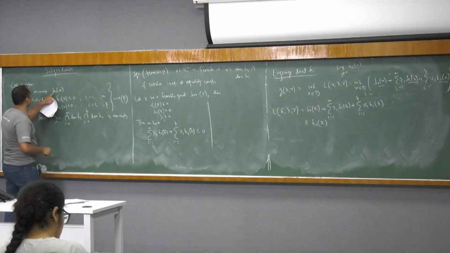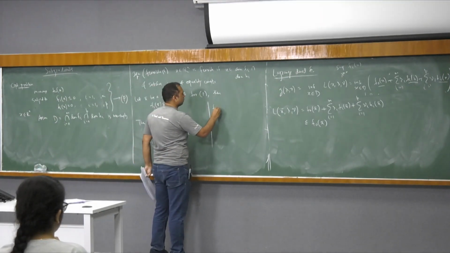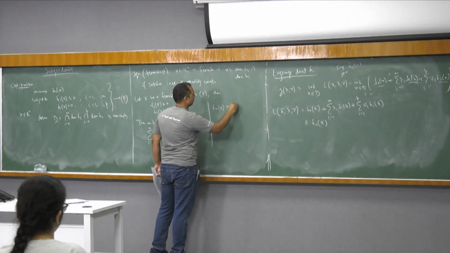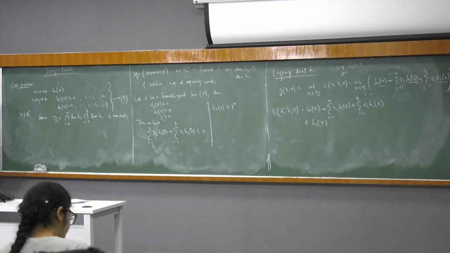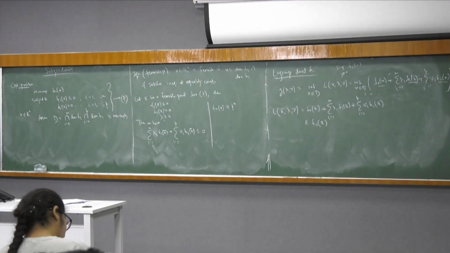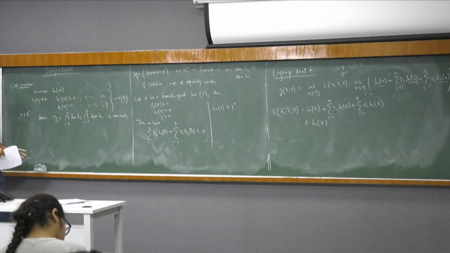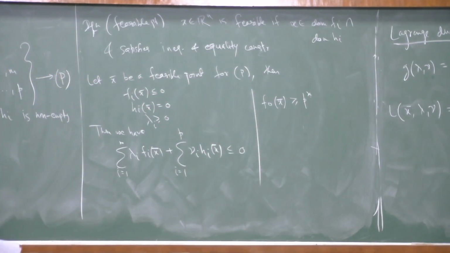So the minimum of this. So f_0(x) in general is greater than or equal to p star, because p star is the minimum possible, right? And x bar is any feasible point. It's not necessarily the point at which it becomes a minimum. So you can also write it like this: p star is less than or equal to f_0(x bar).